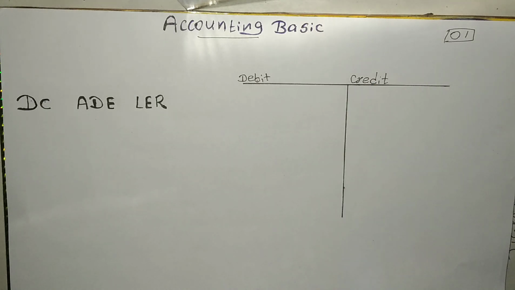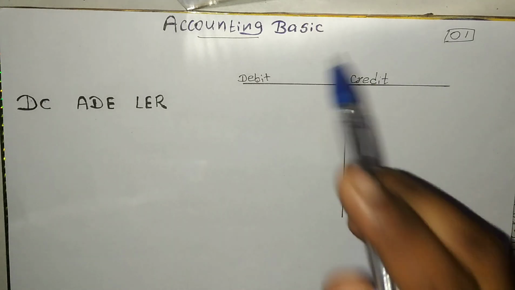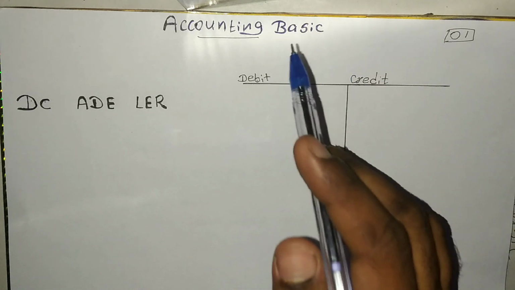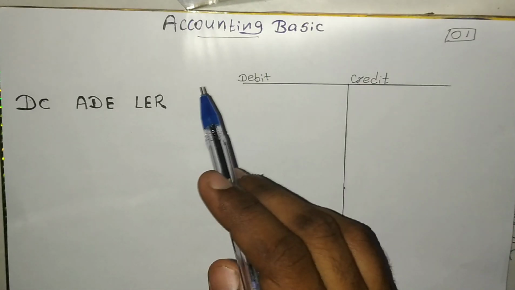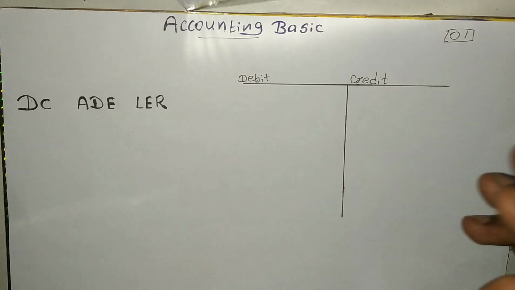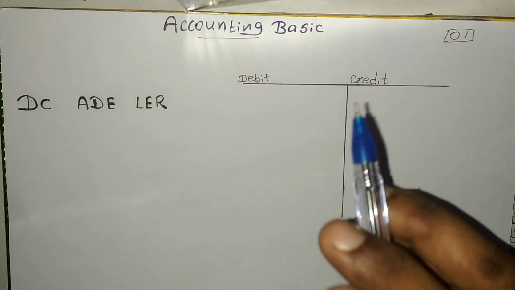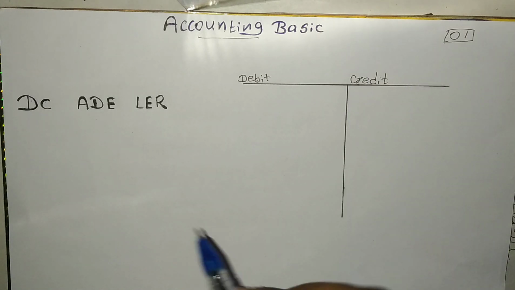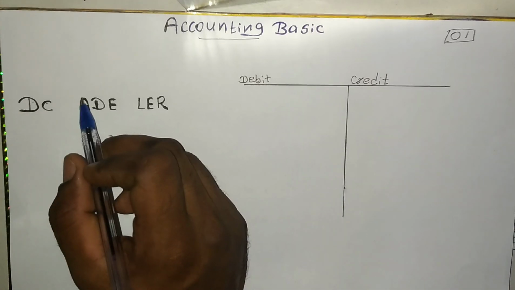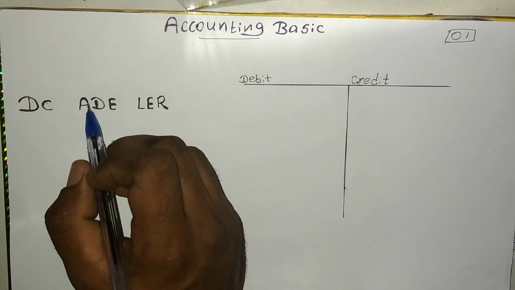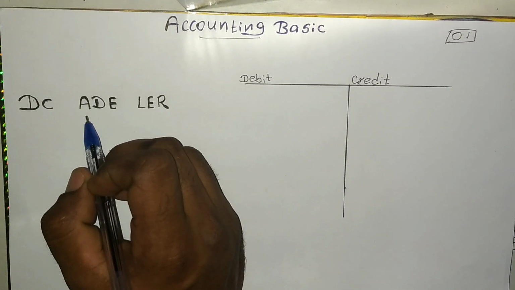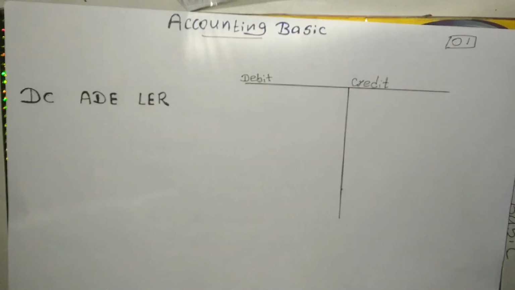This group goes into D, and Ler is also a group, which goes into C. Now you can see this formula has some relationship.